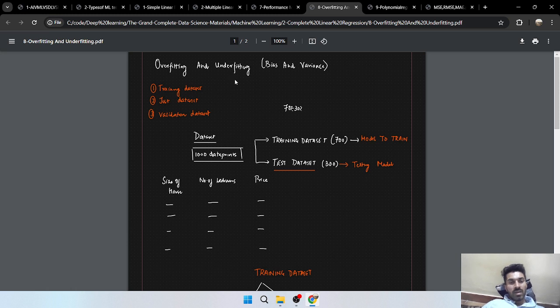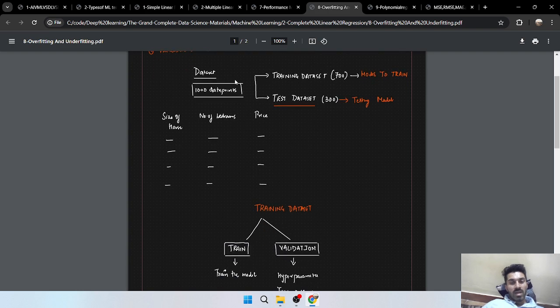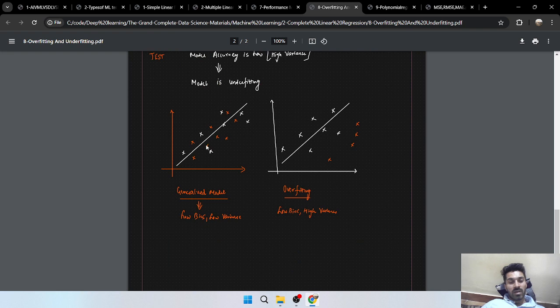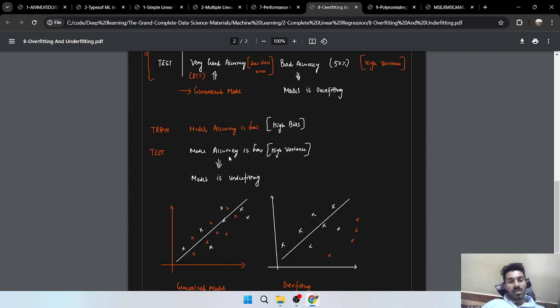So in underfitting, your model will have high bias and high variance. The third type is a good, generalized model, which has low bias and low variance.